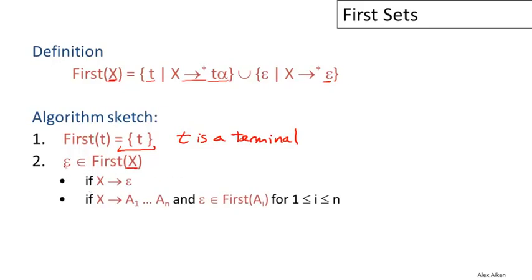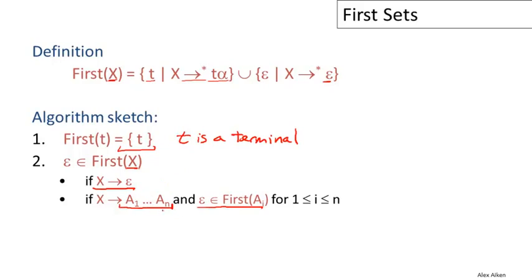And what are the conditions when epsilon is in the first of X? Well, if there's an epsilon production, if X goes immediately to epsilon, then obviously X can produce epsilon, and epsilon should be in the first of X. But also, if X can produce any other right-hand side where everything on the right-hand side can go to epsilon, then the whole right-hand side can go to epsilon, and so in that case also, epsilon is in the first of X. And notice that this can only potentially happen if all of the A_i here are non-terminal symbols themselves.